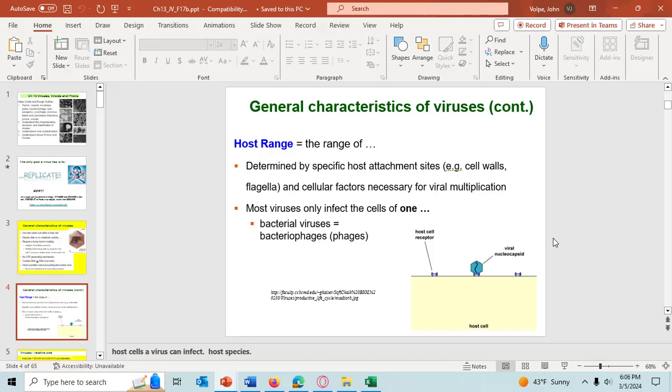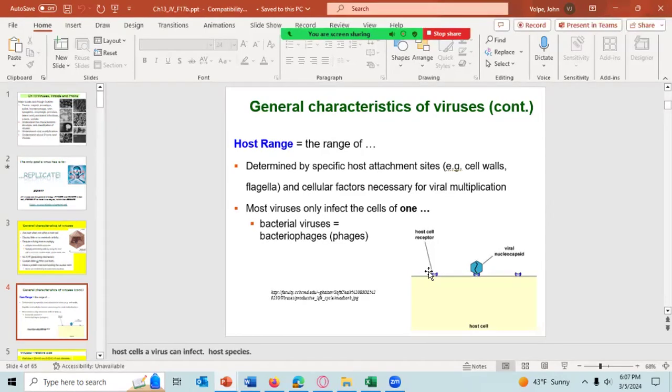Usually there are molecules of the virus that are called ligands or adhesions that bind to a molecule on the host cell called receptors. And that adhesion-receptor binding has to occur before the virus can attach to the host cell and then infect the host cell.